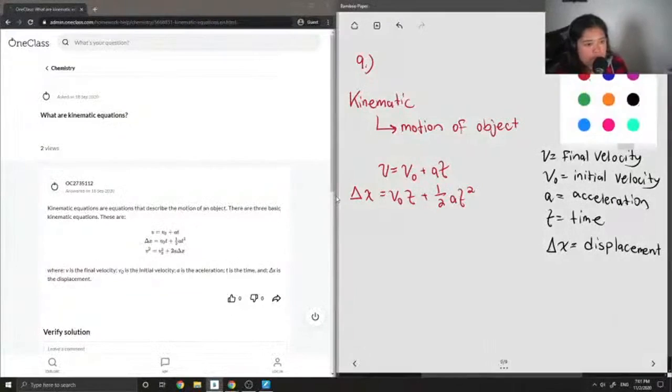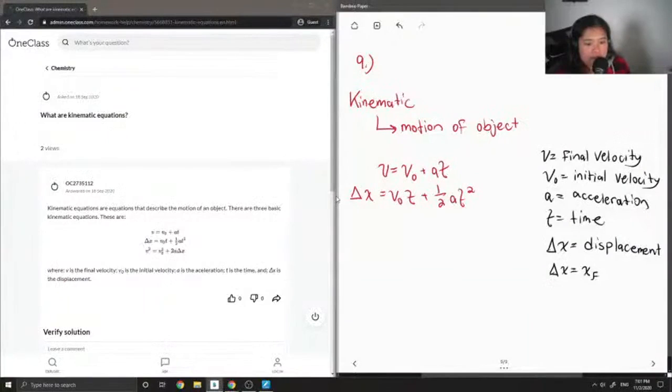So if your object, I'll just write an example of delta x. It's basically like your final position minus your initial. So sometimes questions will give you 2 different points and say it started at this point and ended in that one. So that's how you would calculate delta x.